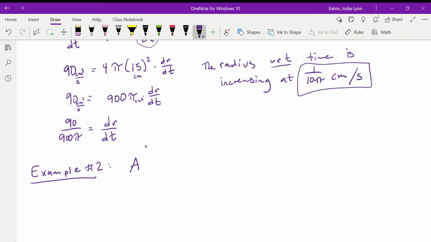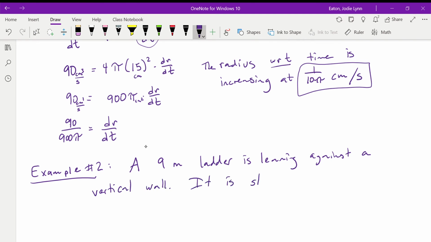So a 9 meter ladder is leaning against a vertical wall.